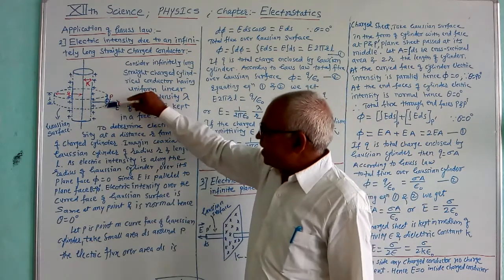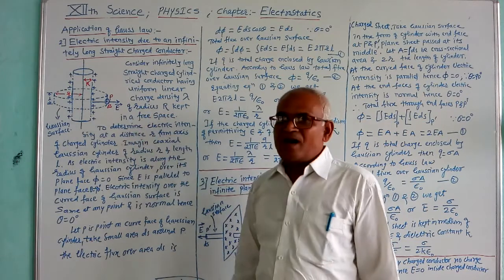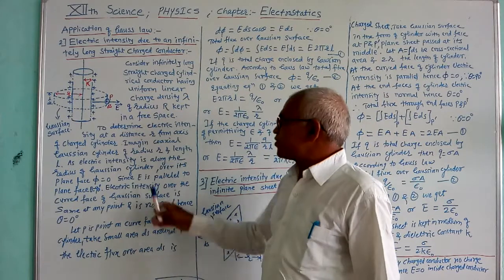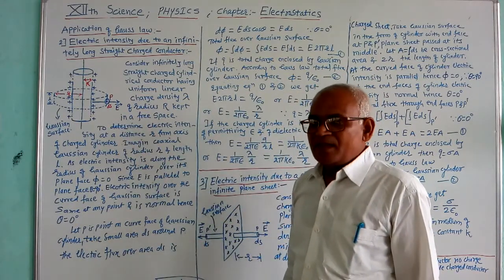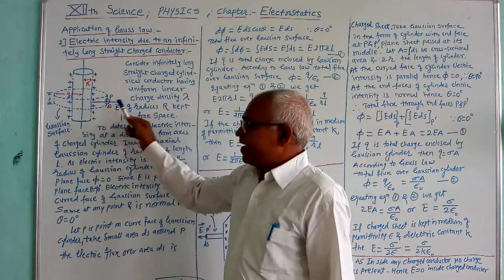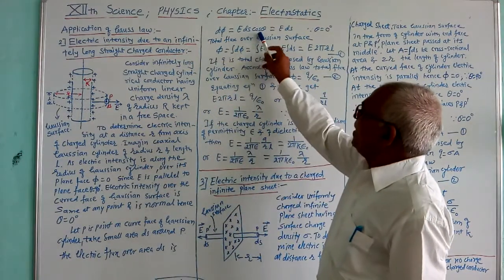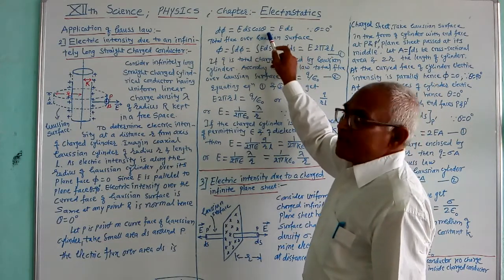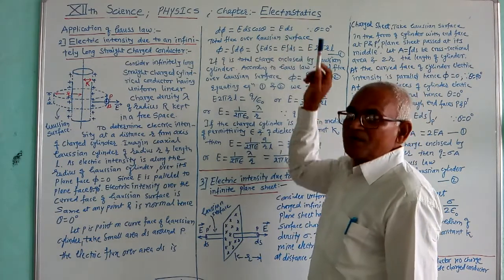Let us take a small area ds around that point P. The direction of electric intensity at point P, or over the small area ds, is normal, that means theta is equal to 0 degrees. Therefore the flux over the small area ds, according to definition, is E ds cos theta, and as cos 0 is 1, d phi is equal to E into ds.